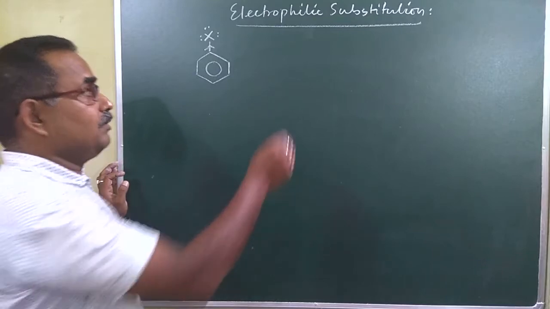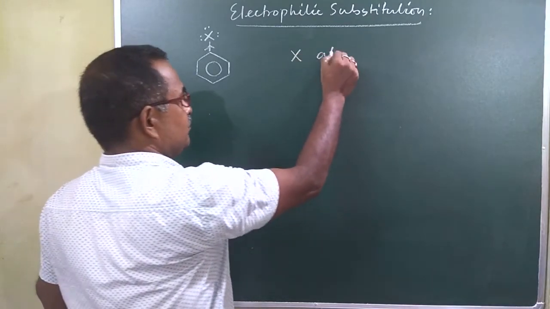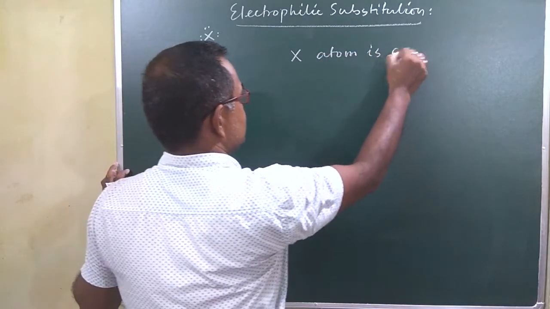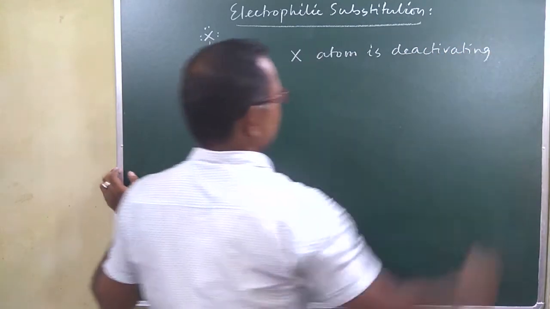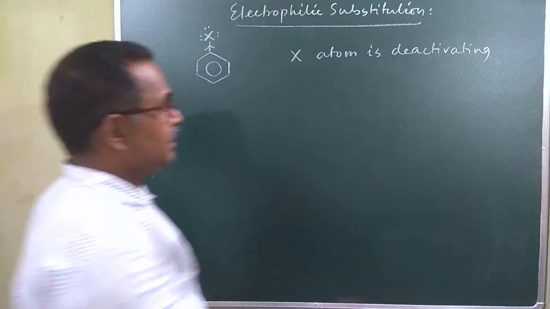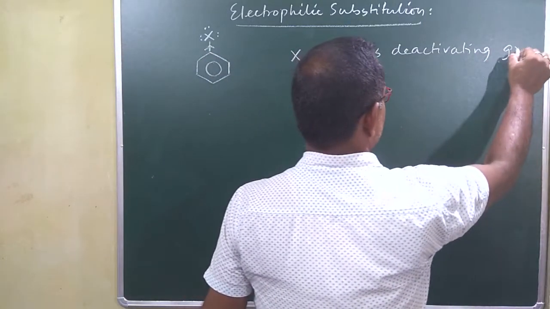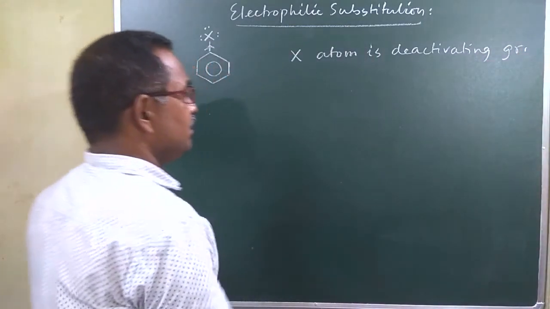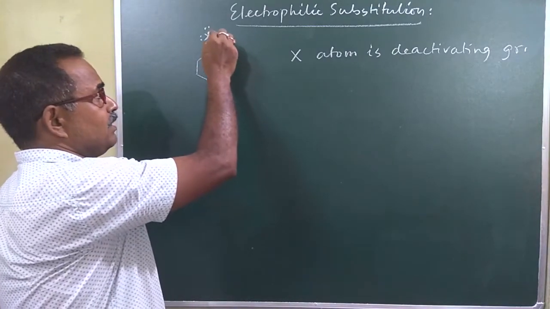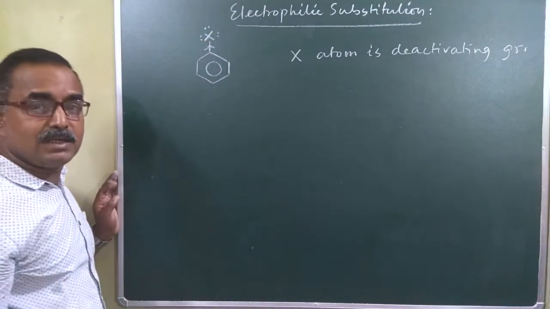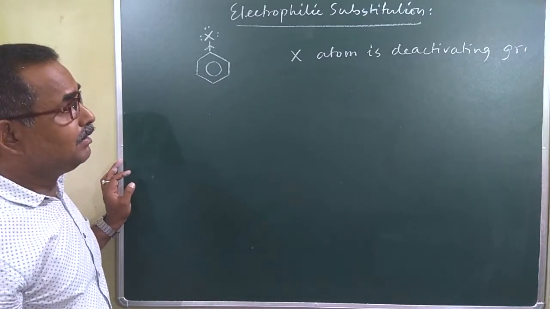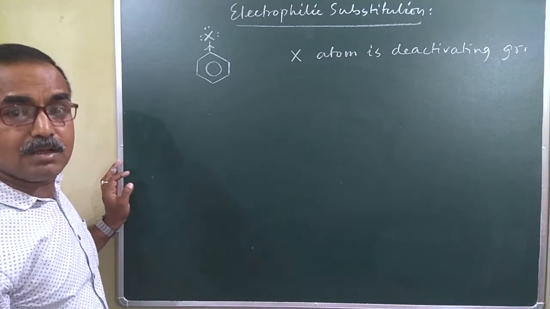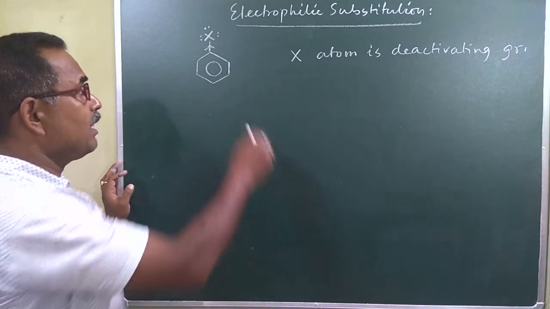So halogen atom, X atom, is a deactivating group. Halogen atom is a deactivating group. It means halogen substituted aromatic system is less reactive than unsubstituted aromatic system.